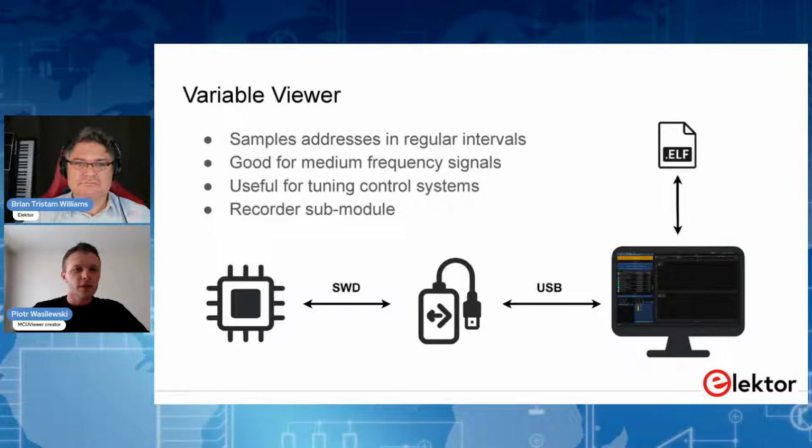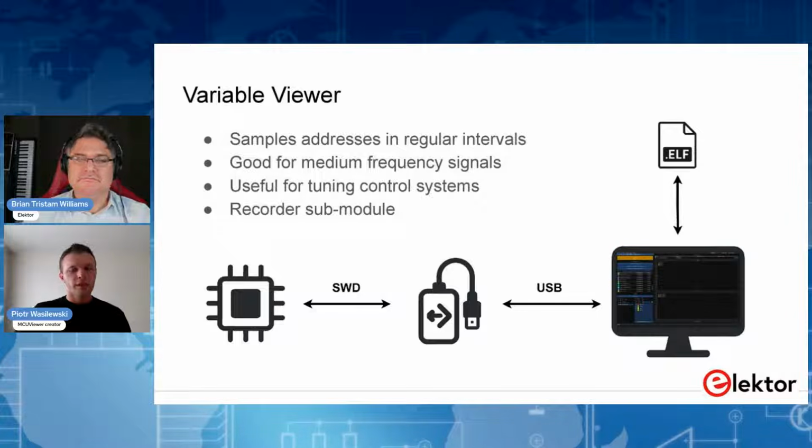This module is very good for medium frequency signals because it has a limitation on the maximum sampling frequency, which is dependent on your debug probe, but also the SWD speed that can be achieved between your target and the debug probe. There might be some problems when you're working with mains power devices or high voltages where you need an isolator, so the SWD speed is limited.